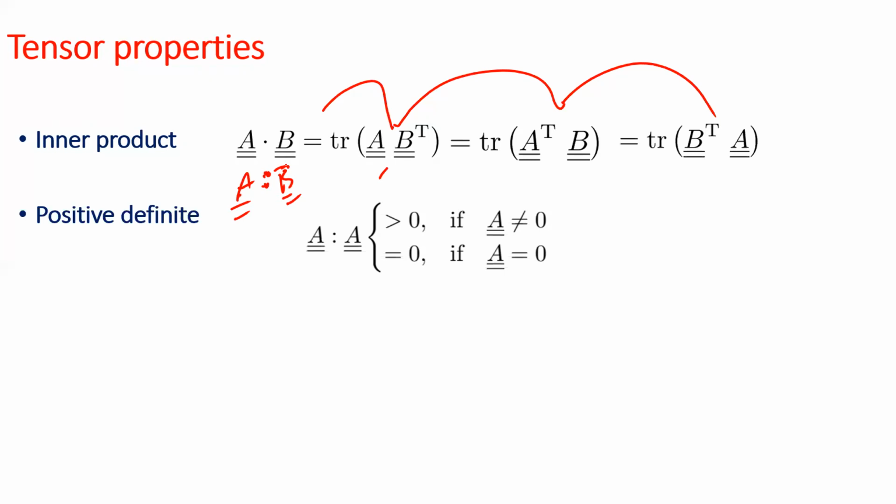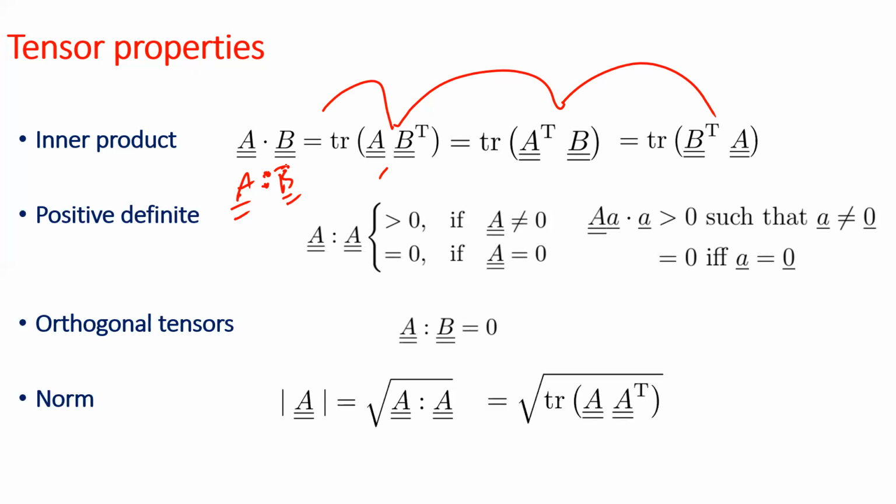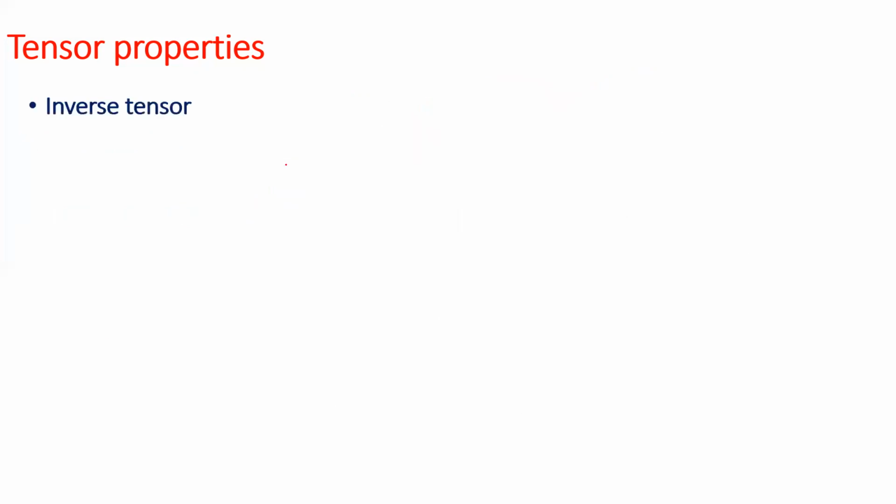Since a second order tensor can be written in the form of a 3x3 matrix, most things which are applicable for matrix theory do hold here. Certain books define it in terms of post multiplication as well. Orthogonal tensors: if the inner product is 0, they are orthogonal. Norm: basically the square root of the sum of the squares of its individual elements.